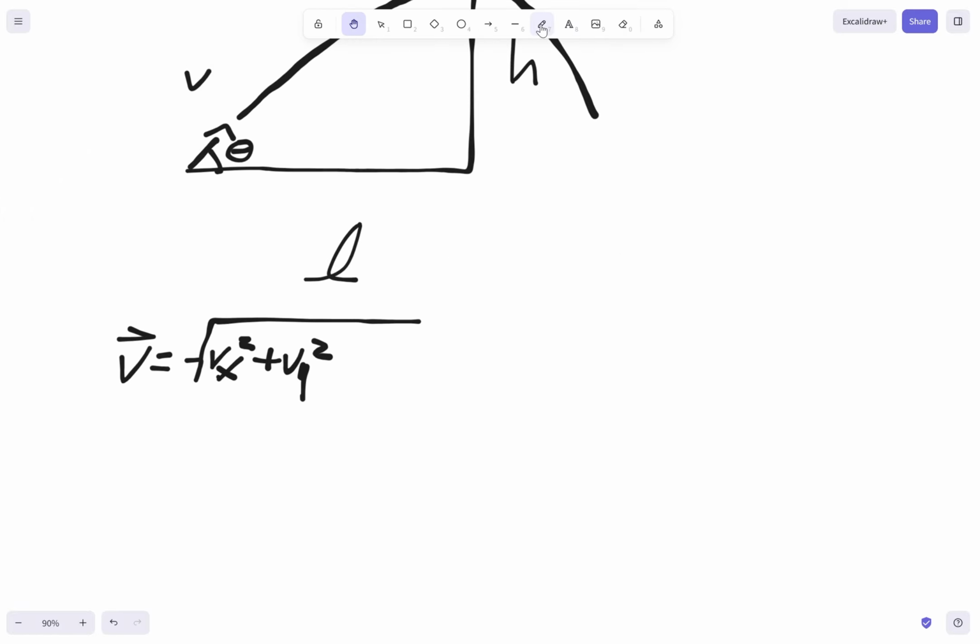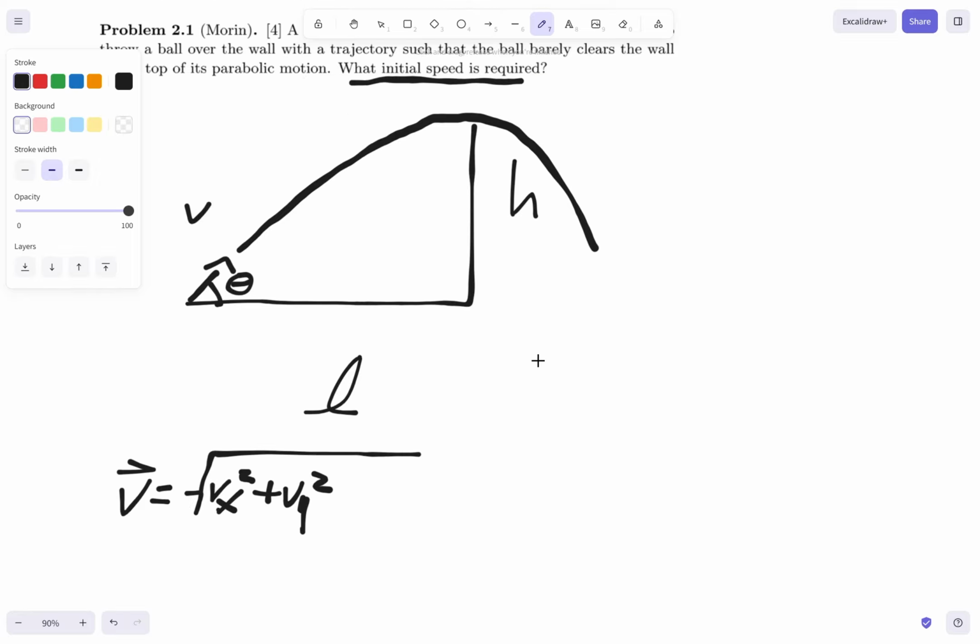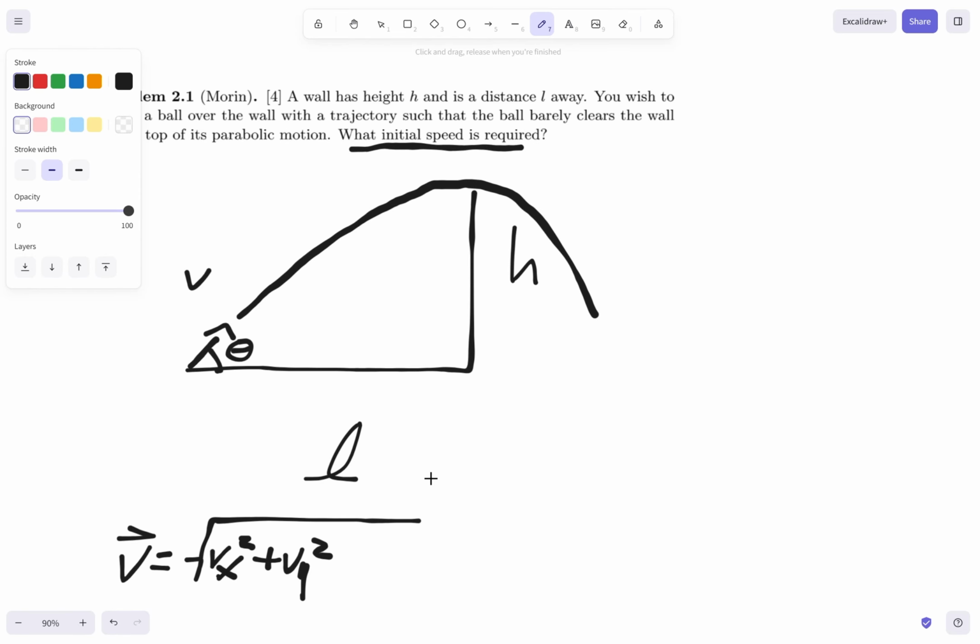So we'll solve for that. And it gets rid of all the thetas because Vx and Vy are already assumed to be V cosine theta or V sine theta, so it gets rid of all the annoying trigonometry. I'm gonna try to do it this way.